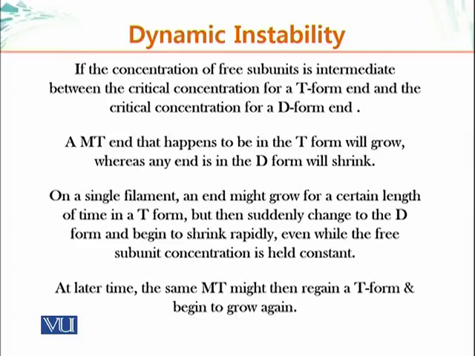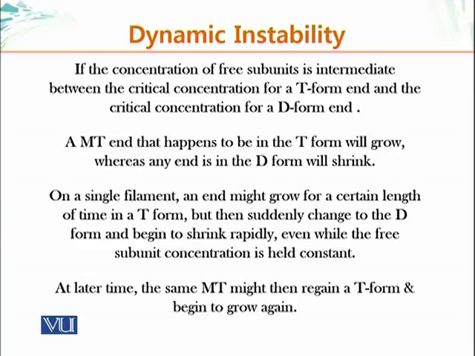That can happen, for example, if addition of monomers at that end slows down and the rate of hydrolysis, since we are talking about microtubules, of GTP into GDP catches up. So your microtubule plus end will be in D form, and that will start to disassemble or depolymerize.